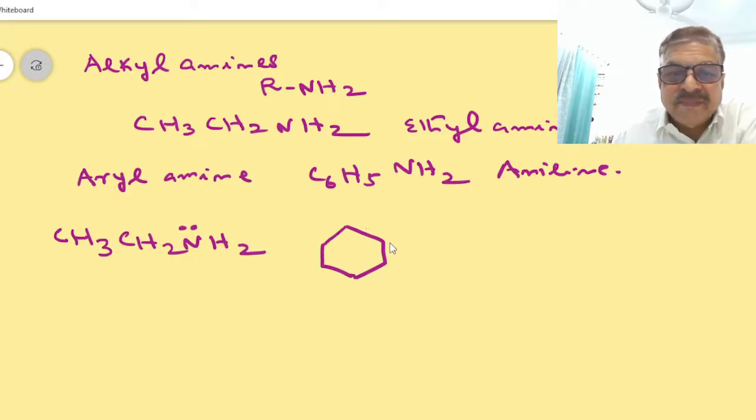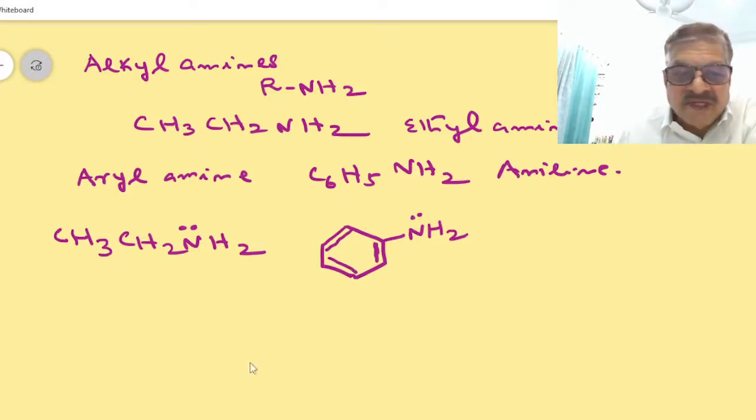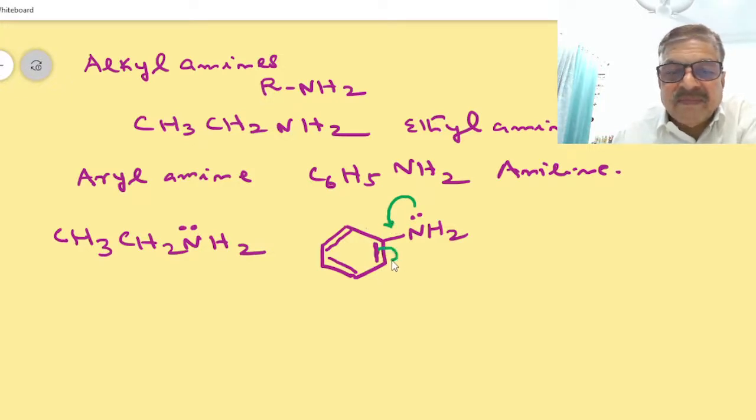This is a lone pair of electrons here. Now, this is our structure 1. This lone pair, it will come like this. Then, okay, this is our structure 1.